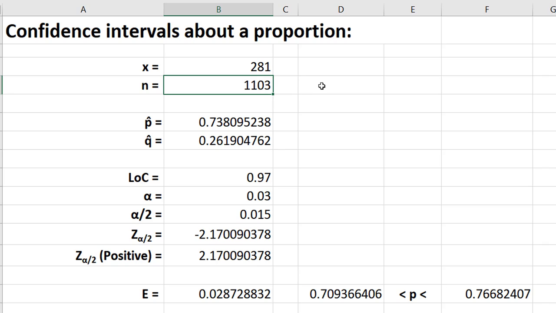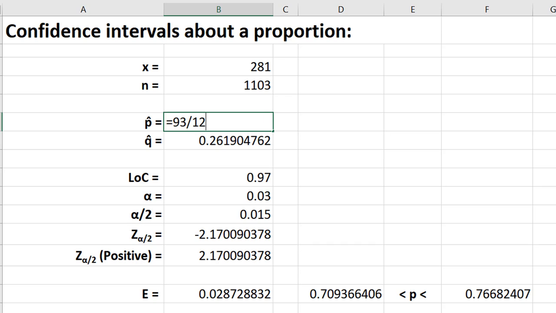Now, I just realized that I made a mistake when I originally set up the spreadsheet, so let's correct it now. It's kind of a simple mistake. I typed in a literal, meaning I typed in equals 93 over 126, which was from the previous problem. But that's an easy fix.